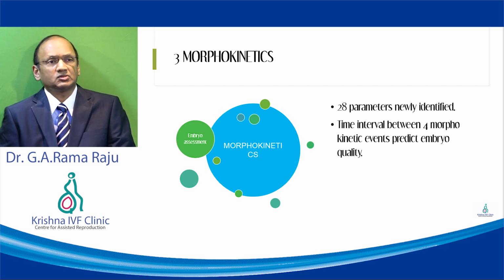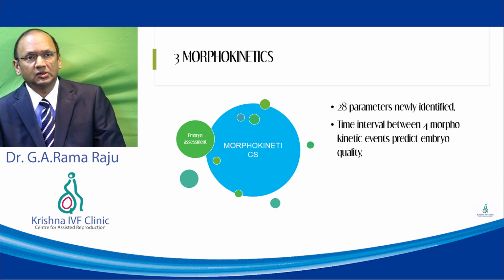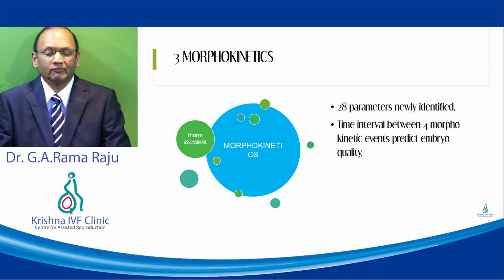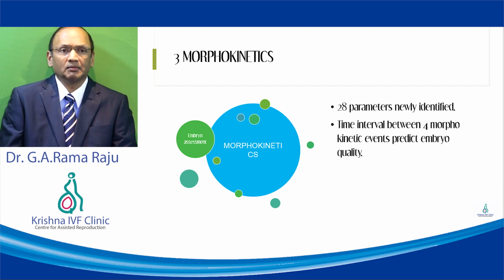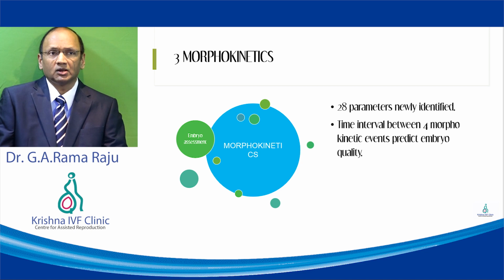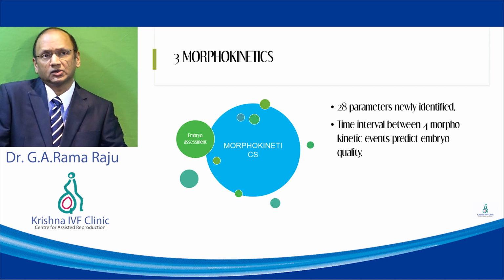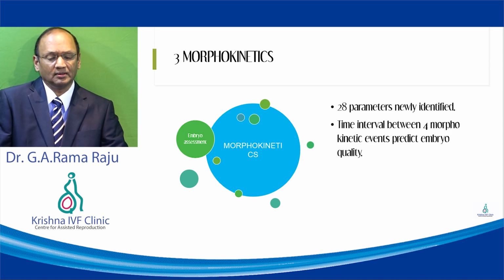These events in the first 24 hours are becoming predictors of the day 3 embryo and the day 5 embryo. So, a time will come at the end of day 1 or day 2 when we might have quality information saying these are the embryos which will help us to go to blastocyst, and you can also transfer them on day 3 or day 2 depending on the country laws.